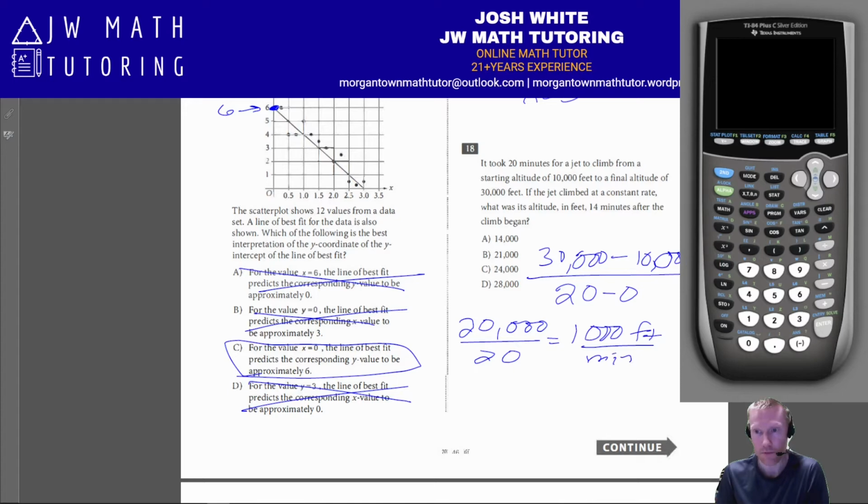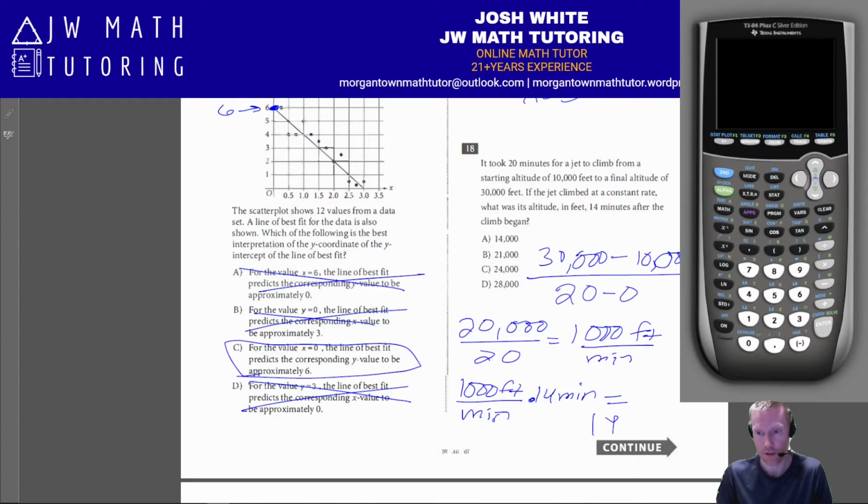So 14 minutes times 1,000 feet per minute means that it's going to increase. Again, it's 1,000 feet per minute, and a time period of 14 minutes. So the net change in altitude is going to be 14,000 feet.